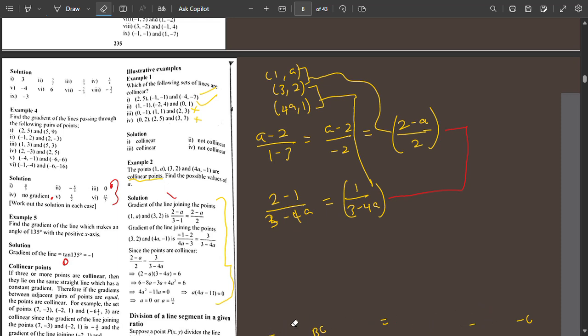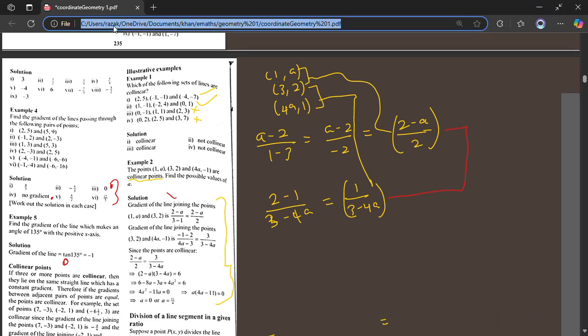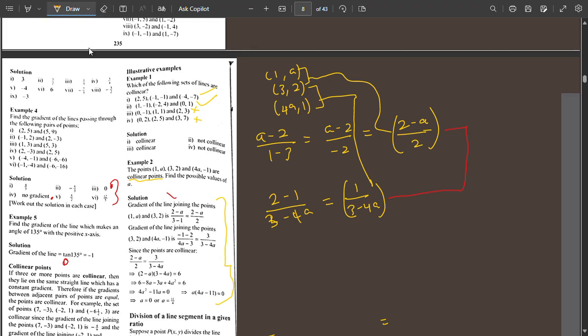So I can equate these two, because their gradients have to be the same. So 2 minus a over 2 is equal to 1 over 3 minus 4a.